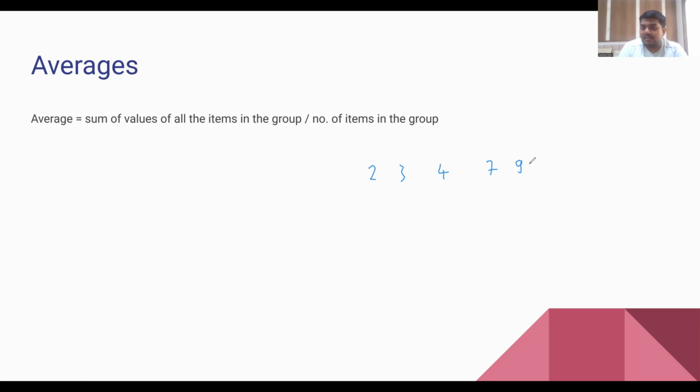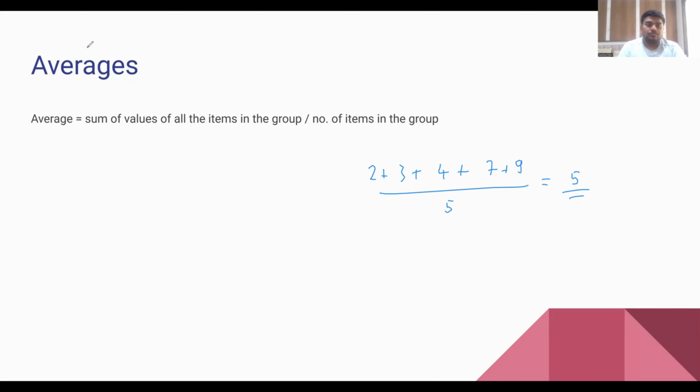How many numbers are there? 5. So in order to find the average, you can just divide by 5. This gives 2 plus 3, 5, plus 4, 9, plus 9, 18, plus 7, 25. 25 by 5 is equal to 5.